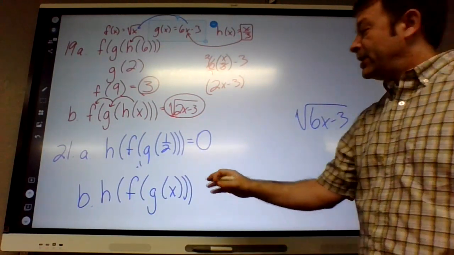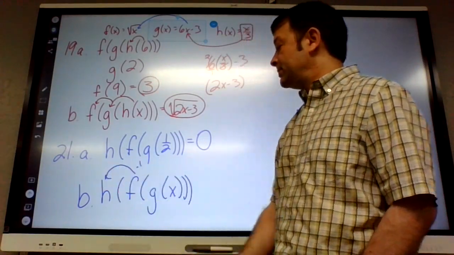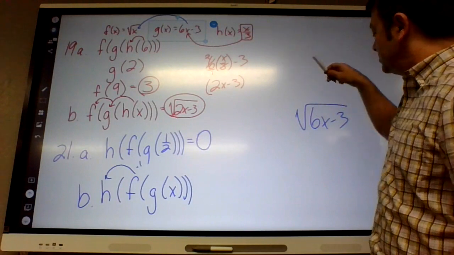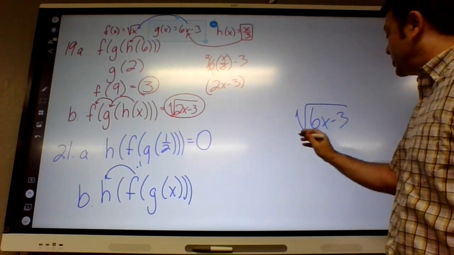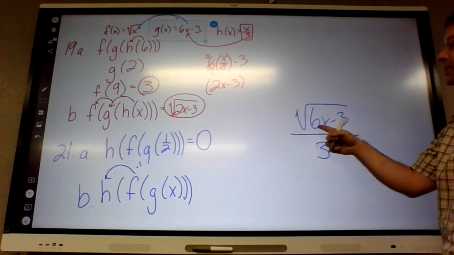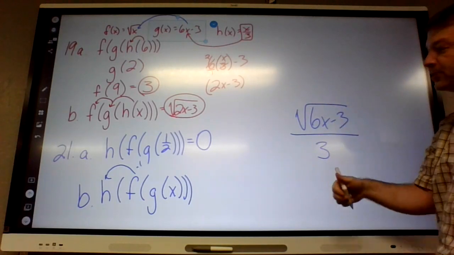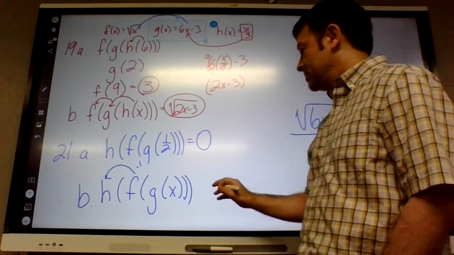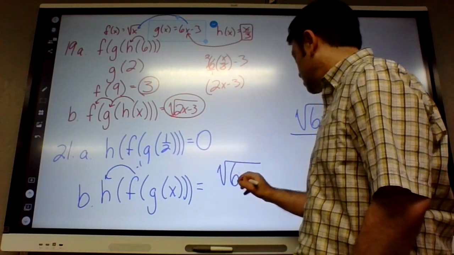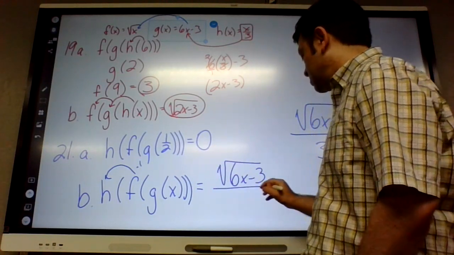Then we're going to plug that into the H function, which is over 3. So this replaces the x, so it'll just be that over 3. Is that the answer? Does that simplify? No. This is not a 6. This is a part of the square root, so you can't reduce that. It looks like a 6, but it's not a 6 over 3.